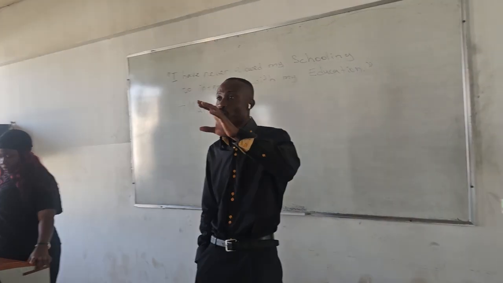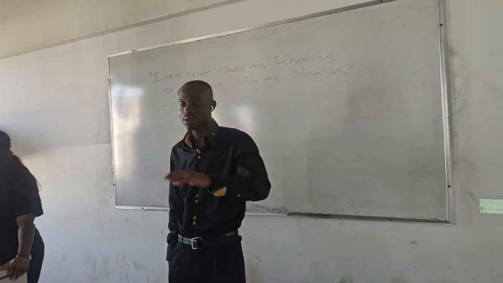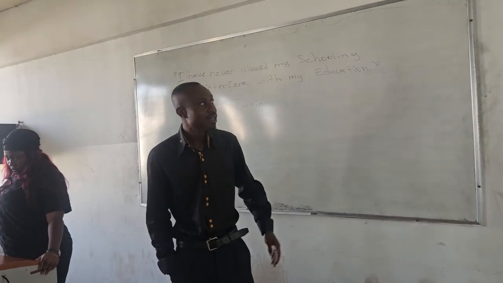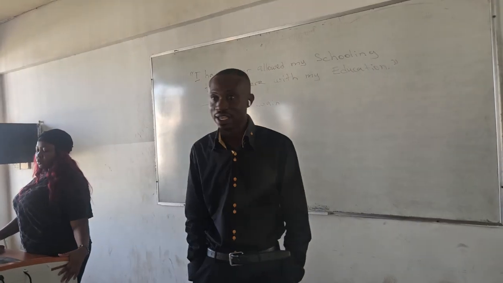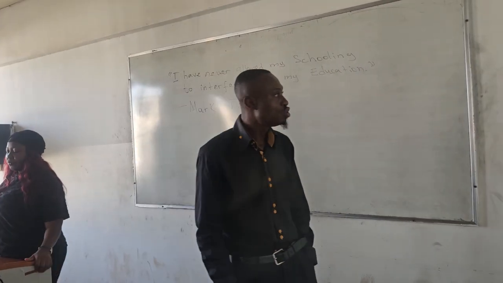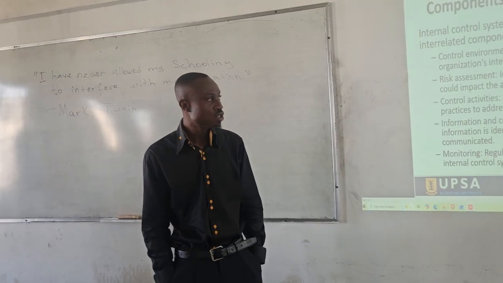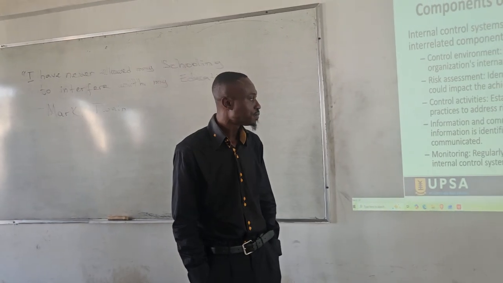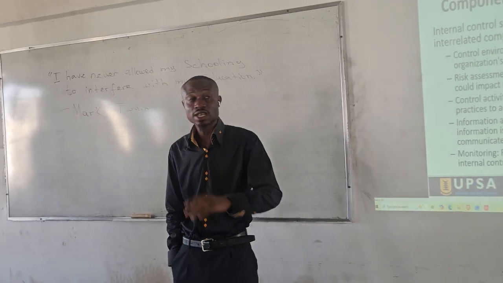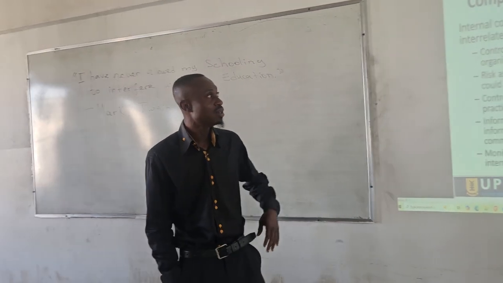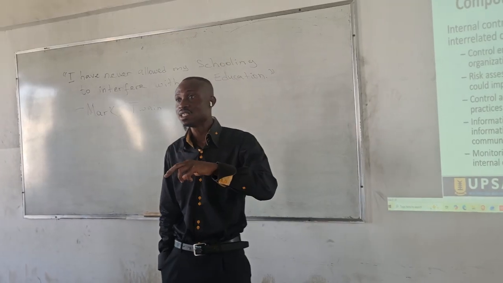They are control environment, risk assessment, control activities, information and communication, and monitoring. These are the 5 components of the internal control system. Now when we talk about control environment, it sets the tone for the organization's internal control.